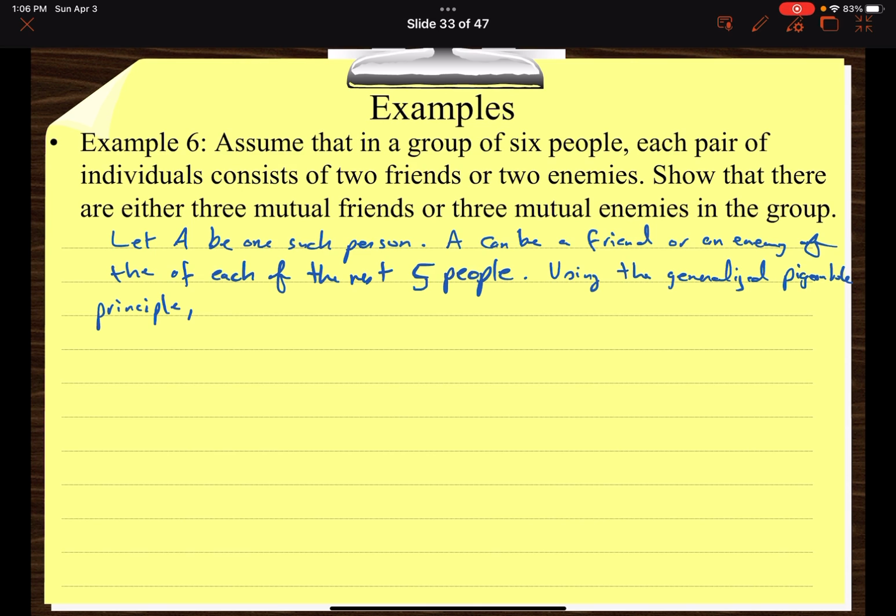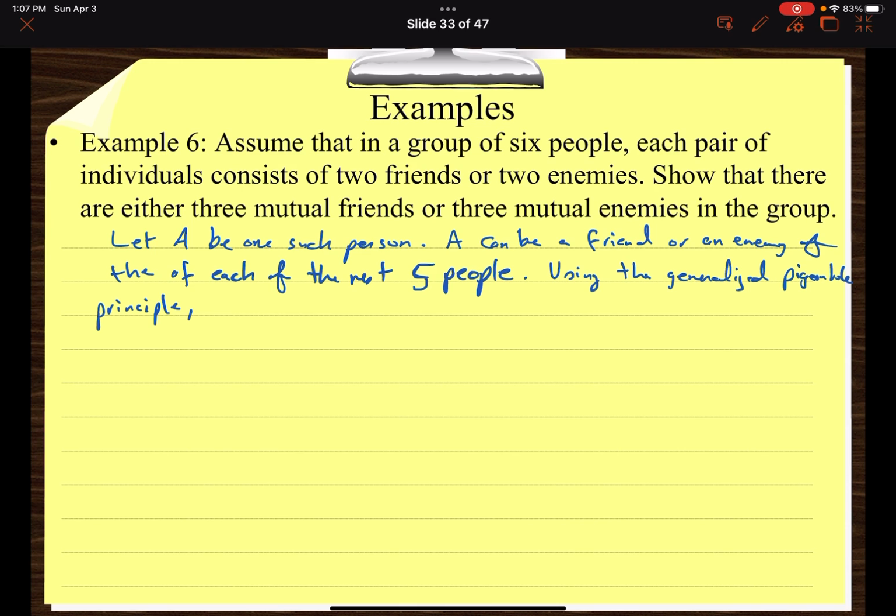We have 5 people, and each one of them can be either a friend or an enemy of A, right? So what does the generalized pigeonhole principle give us? At least how many? Either three.